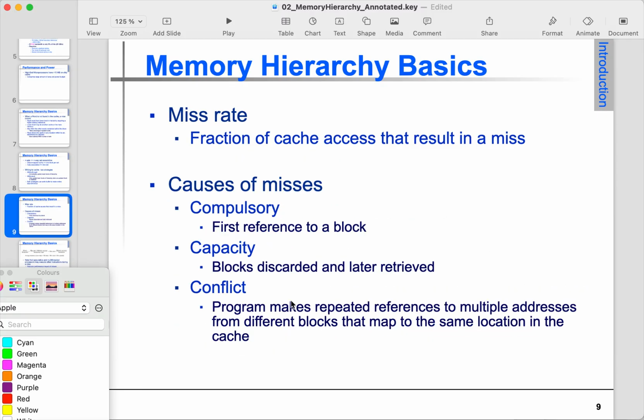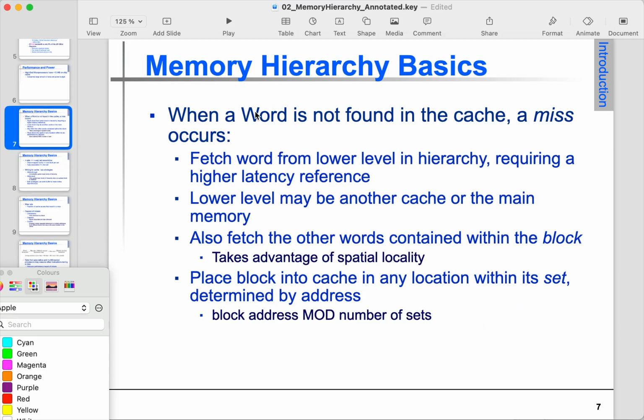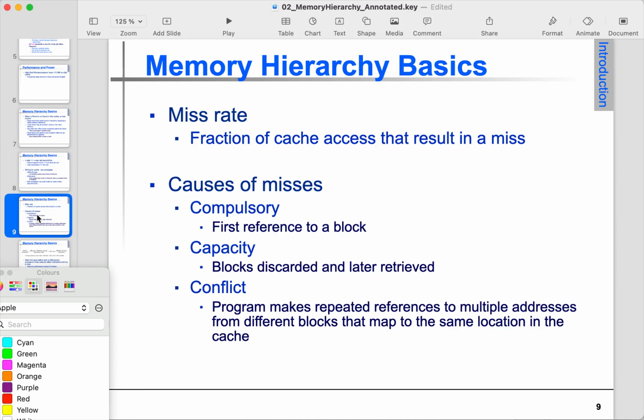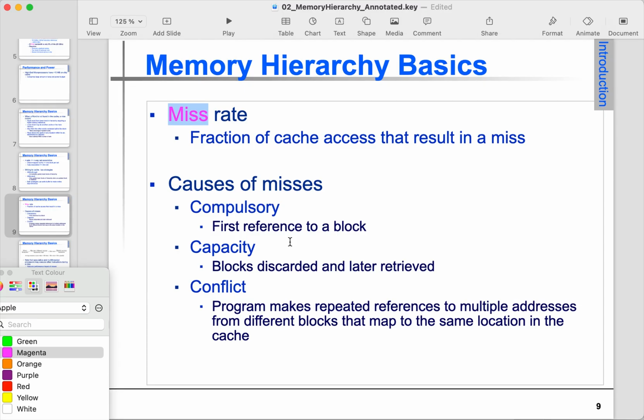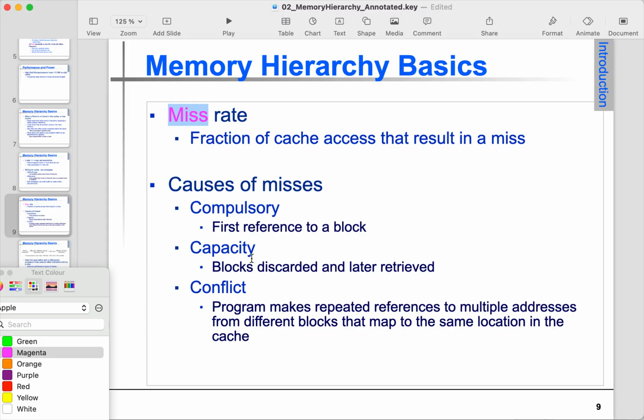What does it mean, a miss rate? So we mentioned here, if we're looking for a word and it is not found in the cache, a miss would occur. Causes of misses: what would cause such a miss?